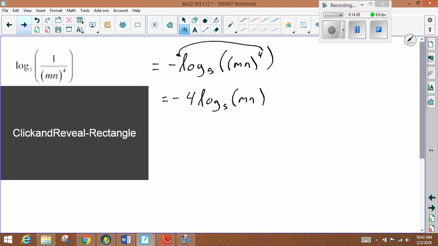Now it appears that I am able to break this up as if it was a bad marriage. So I'm going to leave the 4 on the outside and put parentheses there so that you can know that the 4 is going to go to both of the terms. So this becomes log base 5 of m plus log base 5 of n.